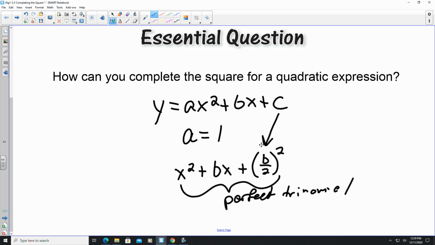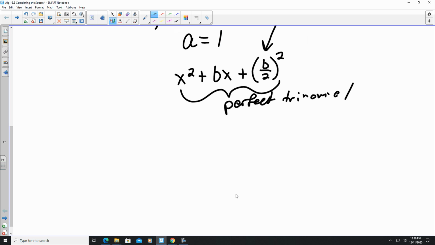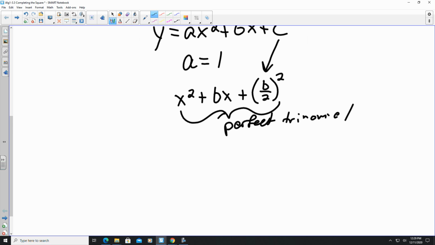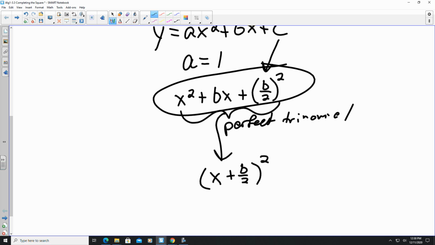From that, we can factor it as the square of a binomial, which would be x plus whatever b divided by 2 happens to become, quantity squared. So these two things here are going to be really important formulas when we are utilizing completing the square.